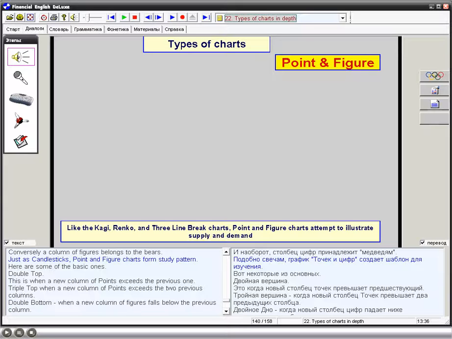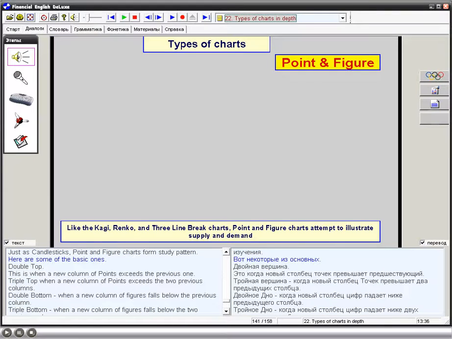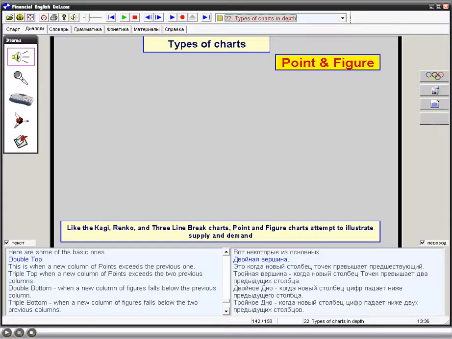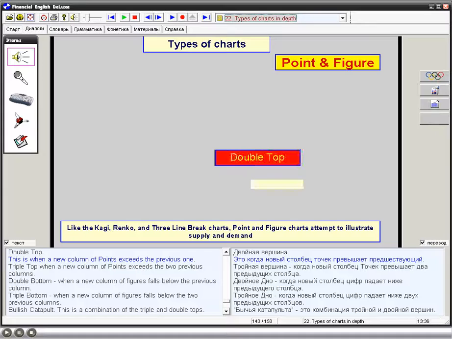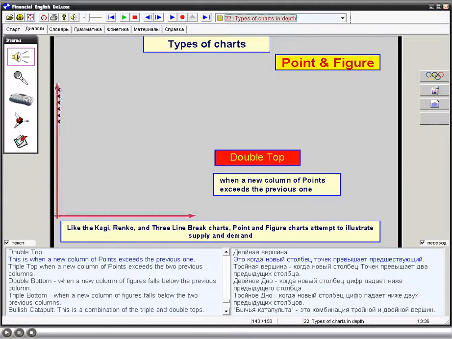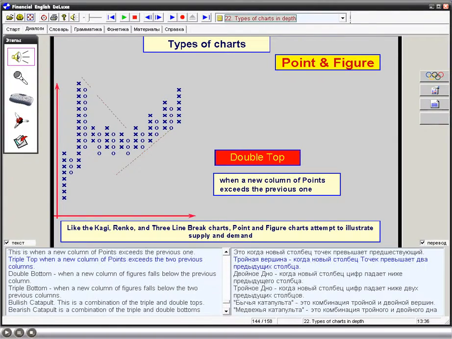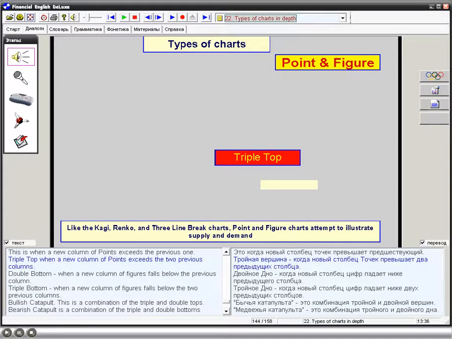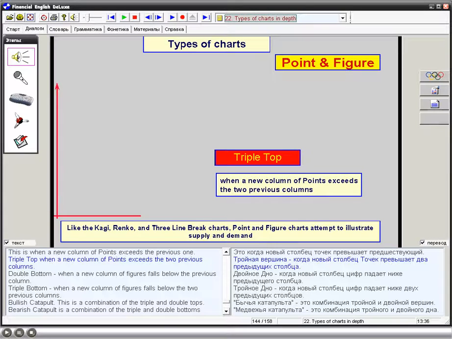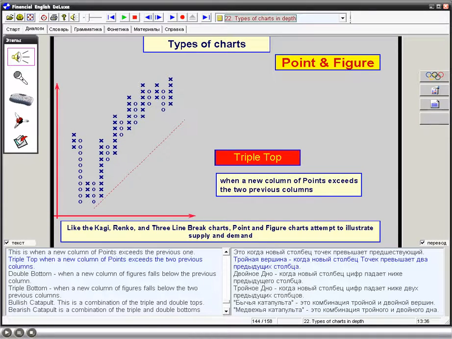Just as candlesticks, point and figure charts form steady patterns. Here are some of the basic ones. Double top. This is when a new column of points exceeds the previous one. Triple top, when a new column of points exceeds the 2 previous columns.